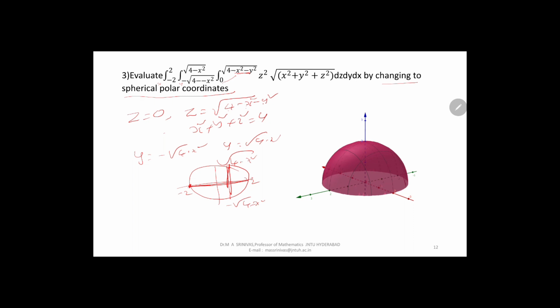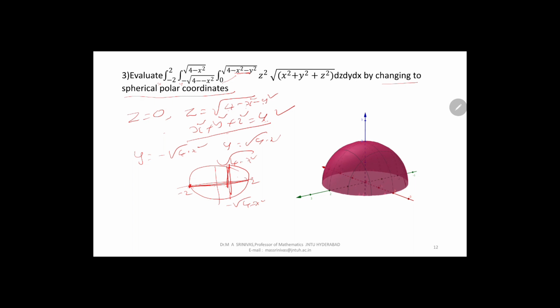So, you have a sphere. Now, from this, we can understand that x square plus y square plus z square is equal to 4. That means it is a sphere of radius 2. And if you take the projection of the same sphere on the xy plane, you will get one circle, x square plus y square is equal to 4, again a circle of radius 2. X and y vary in this region, and z varies from z is equal to 0, that is the xy plane, to the surface.